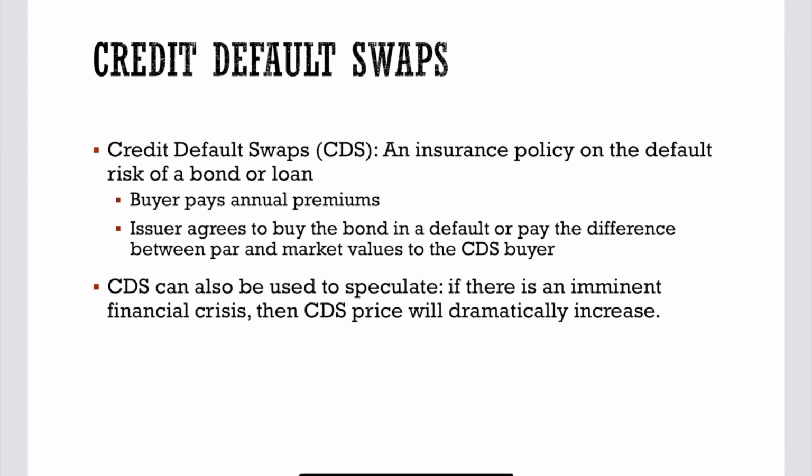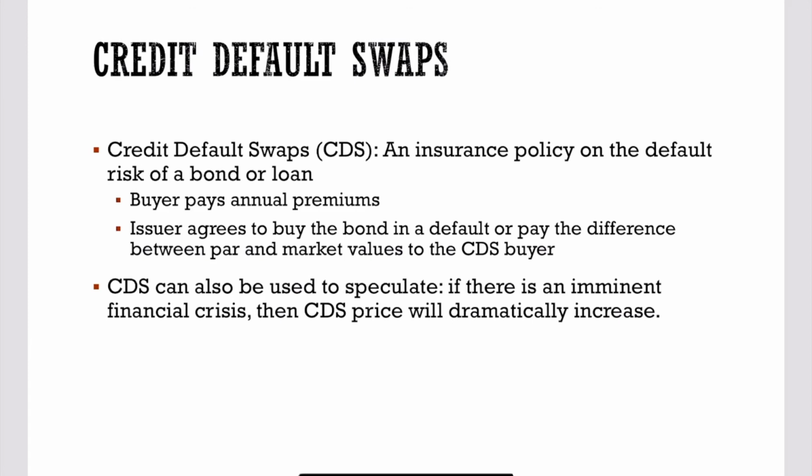It's actually just an insurance policy. Let's say you're a bondholder and you want to insure against default risk because you think your firm's bond could default at year end. In this case, you could pay some insurance premium to buy this CDS.